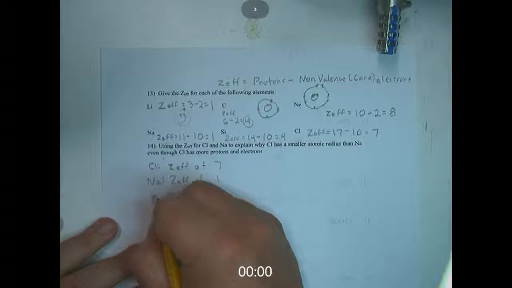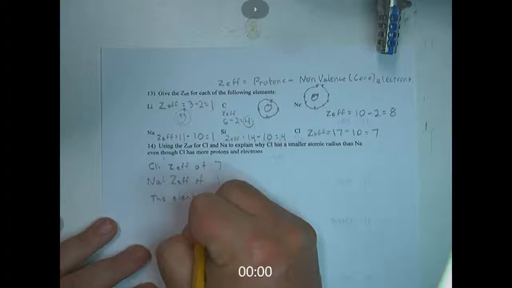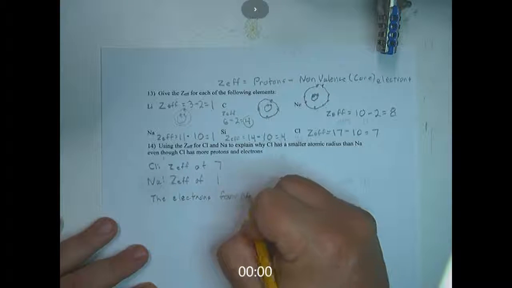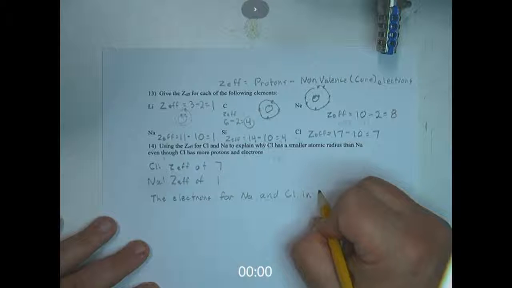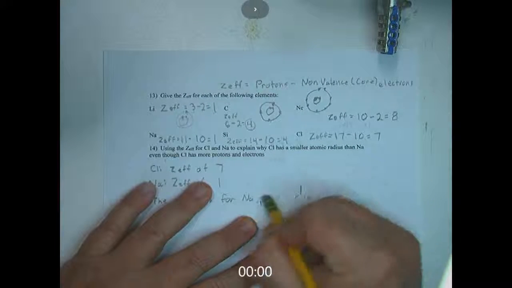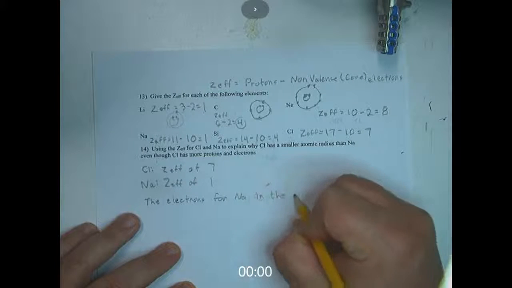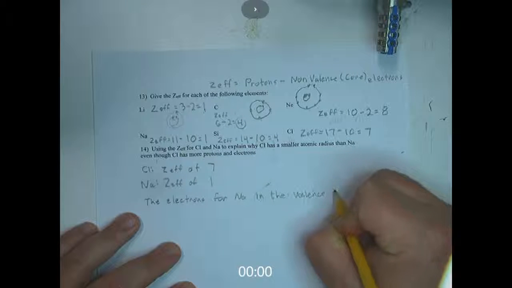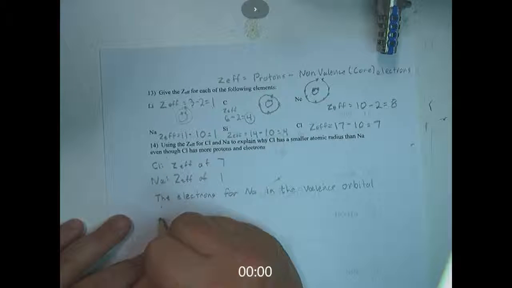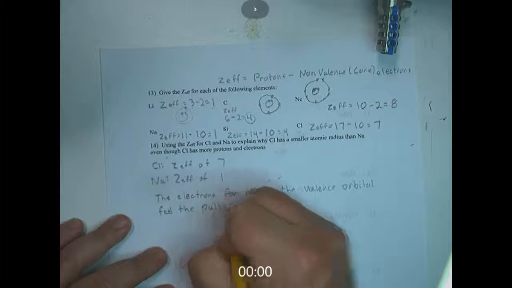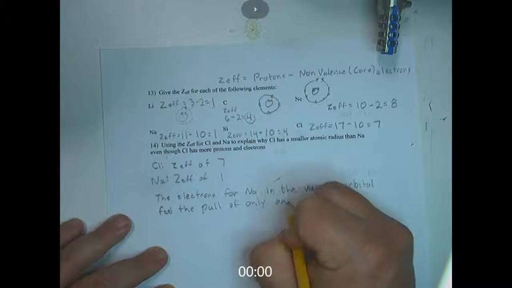So, for sodium, the electrons in the valence shell, or orbital, feel the pull of only 1 proton.